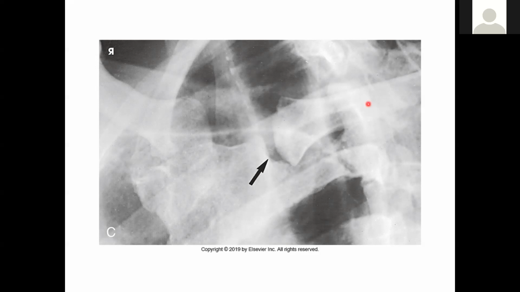So if your spine is here, we have rotated the patient LAO, and you're looking at the downside joint, which is, in this case, the left joint. And you will see that open, shifted away from the spine. So this is the medial end of your clavicle. This is your manubrium. This is the medial end of the upside clavicle, in this case, the right side.